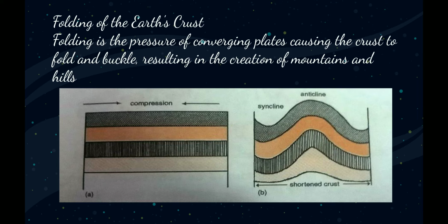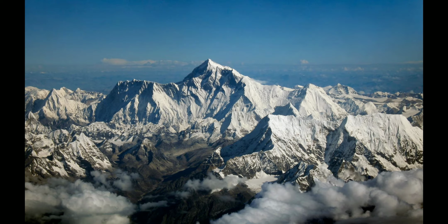Anticlines are upfolds where rocks are pushed upwards, whereas a syncline is a downfold where rock layers are bent in a downward motion. Large-scale folding of the crust results in the formation of a series of mountain ranges called fold mountains.